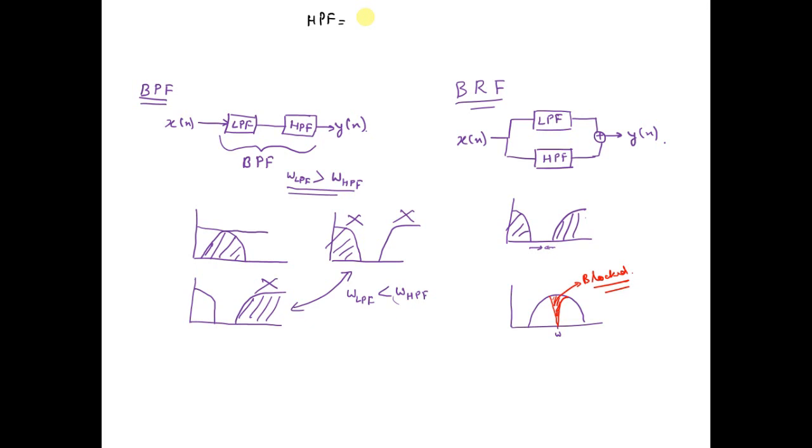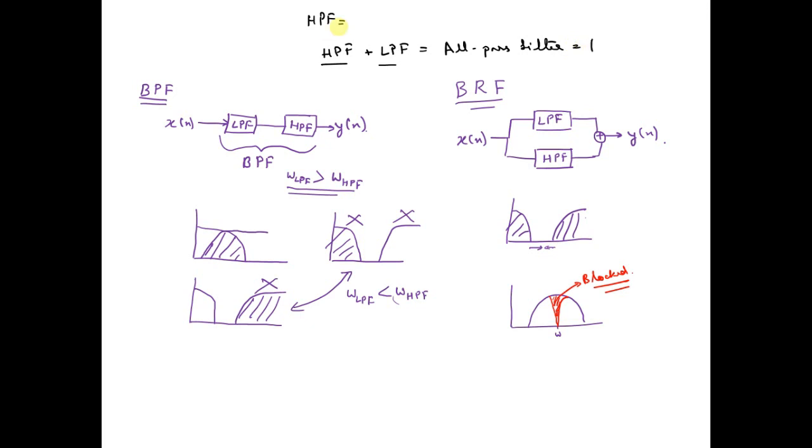Simple, if you look at high pass filter plus low pass filter, if both of them have the same cutoff, that becomes an all pass filter, and its response is 1.